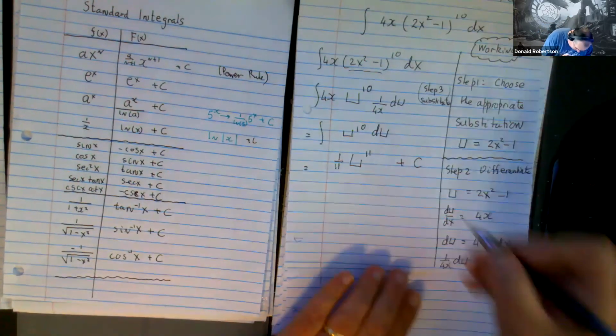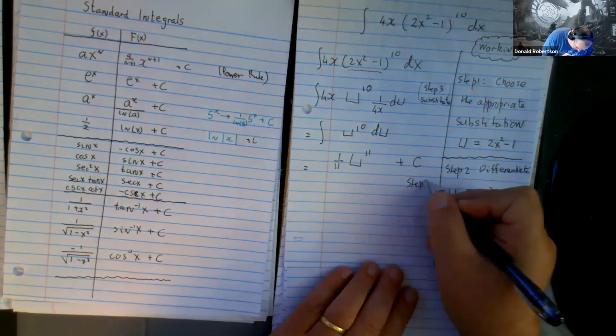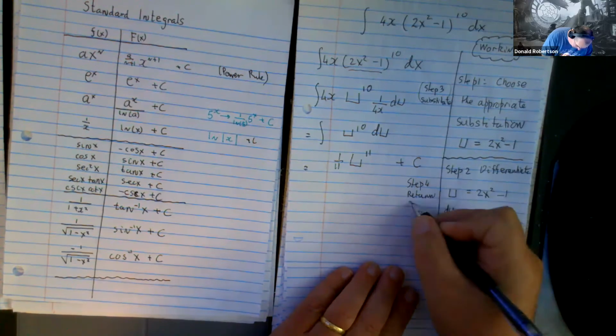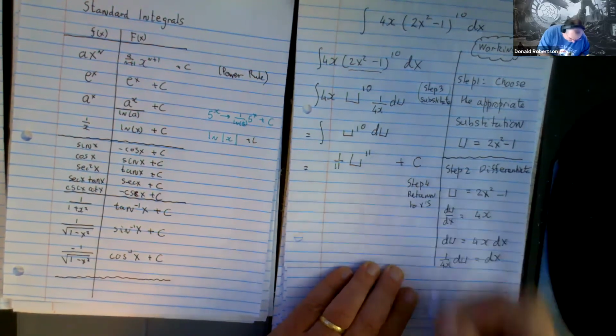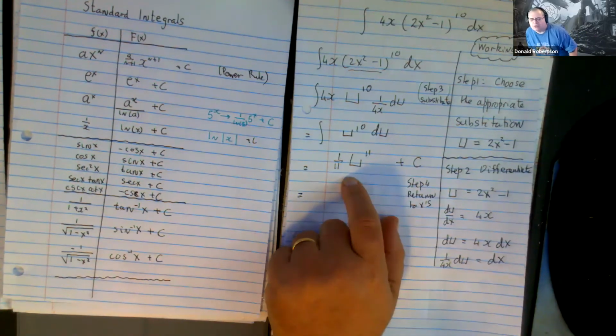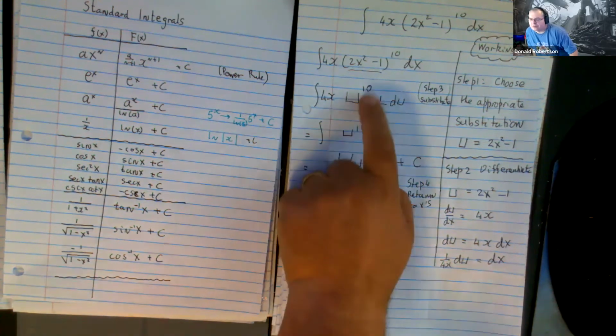And then step four, return to the x's. I don't want to know that the answer in terms of u is this. Don't I want to know what the answer is in terms of the original variable?